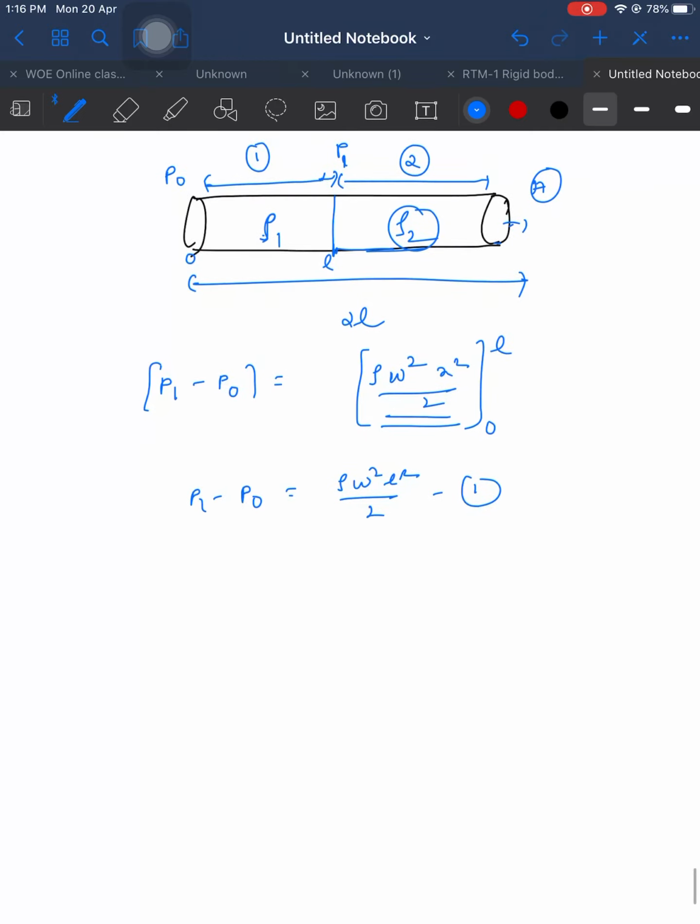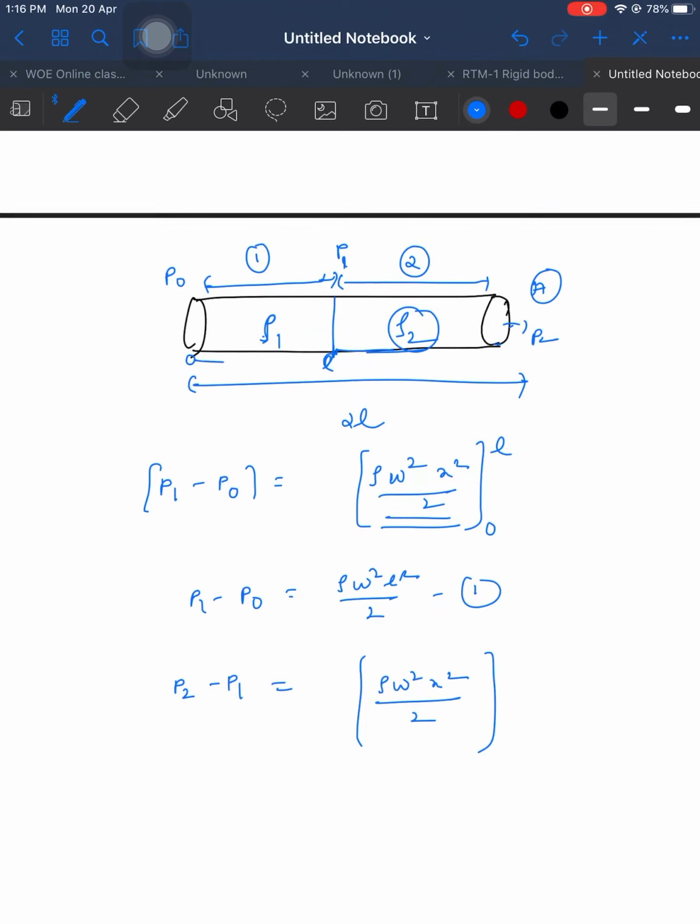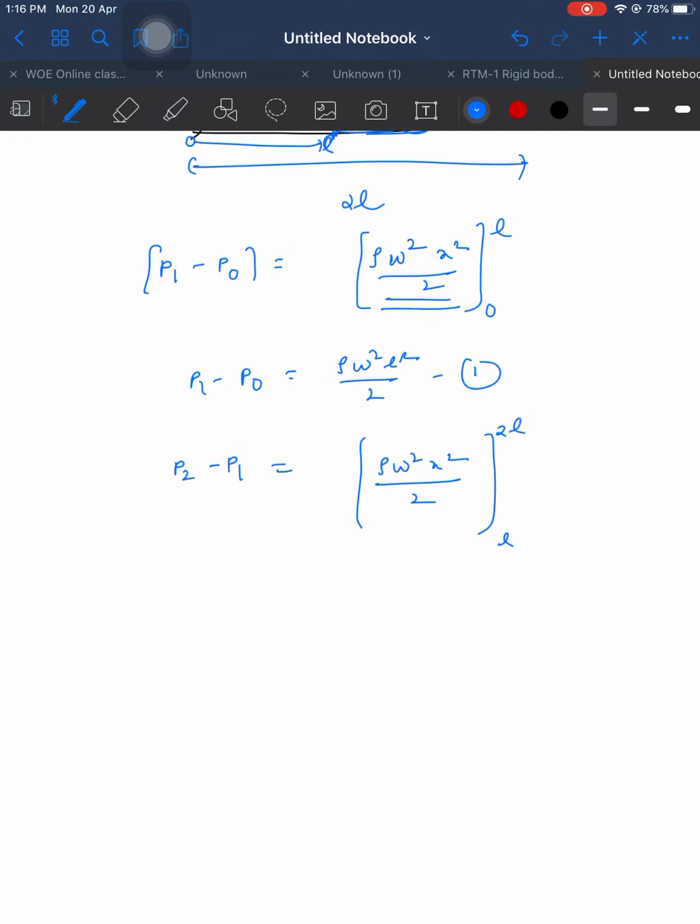Equation 1. Next, the pressure at the end, P2. P2 minus P1 is equal to rho omega square x square by 2. Limits are from where to where? It is starting from L to 2L.